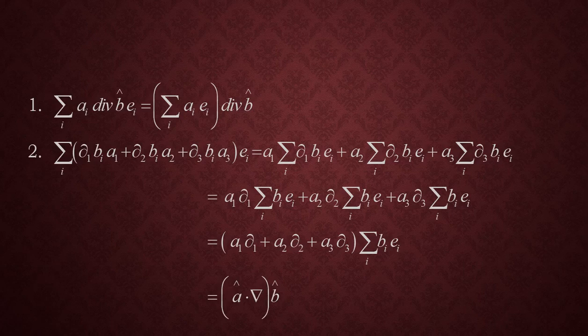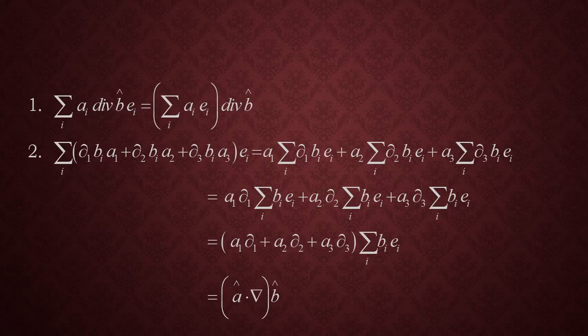Here sigma B_i e_i means B1 e1 plus B2 e2 plus B3 e3, which is nothing but B. Let us substitute B in the place of sigma B_i e_i. Then the RHS of our present expression becomes A1 ∂1 B plus A2 ∂2 B plus A3 ∂3 B.